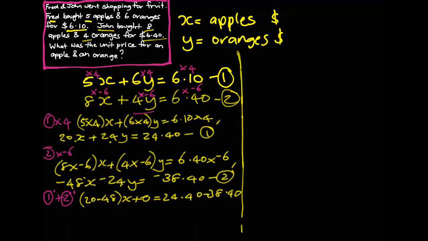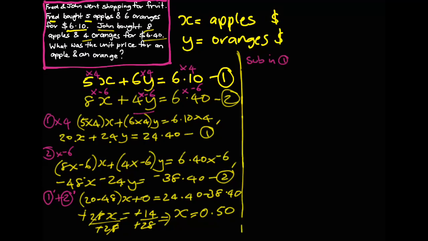Okay, that leaves us with -28x is equal to -14. And then if we divide both sides by -28, the negatives cancel, 28's cancel on this side, and that leaves us with x is equal to 0.50. Now we're going to go ahead and sub x into equation 1 to find y.